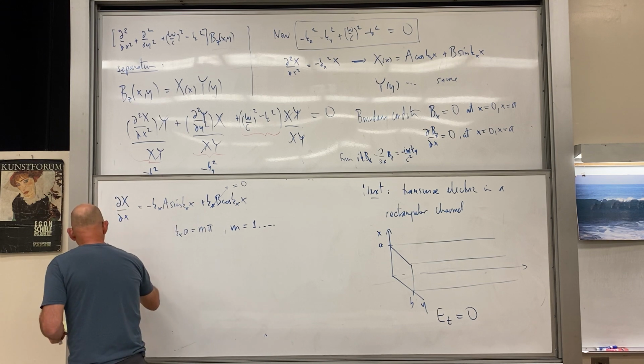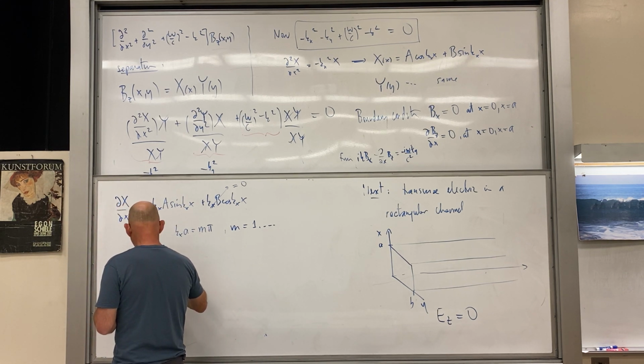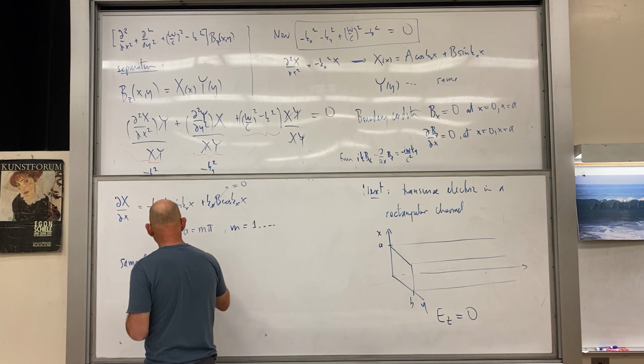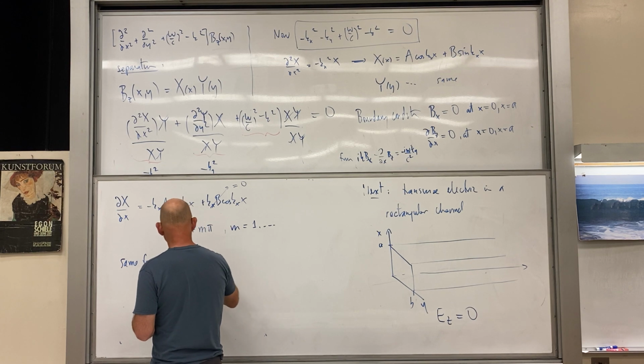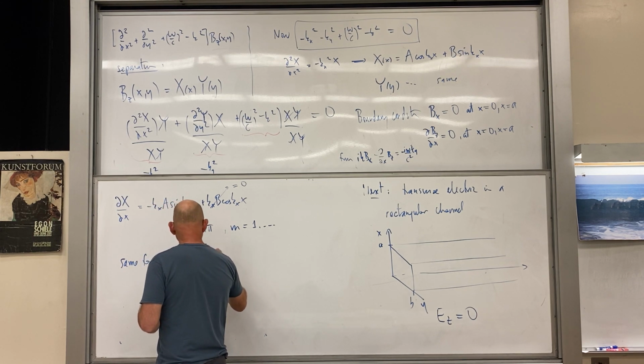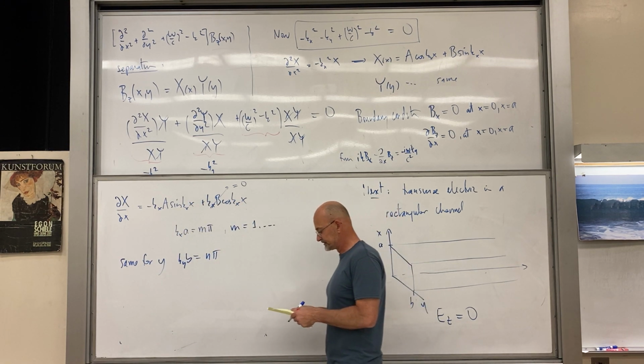And then the same argument for y: ky b equals n times pi, and we can now put all these together.